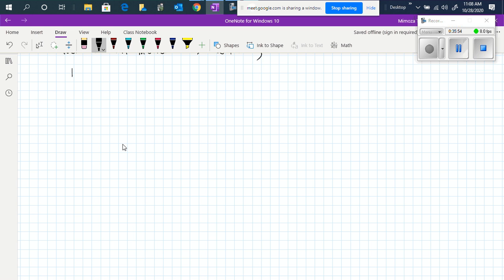So when we have a non-uniform motion, what you may see in the velocity time graph is a graph that goes like this or like this, positive or negative.